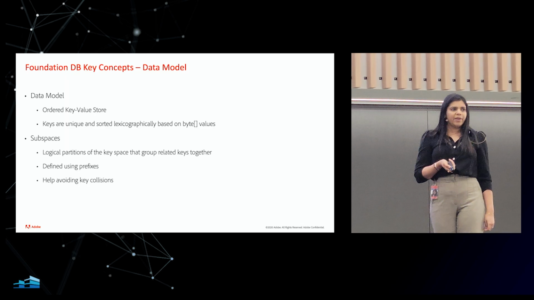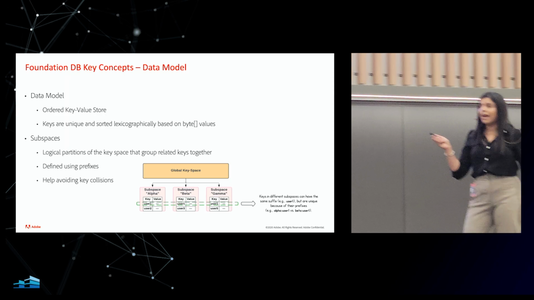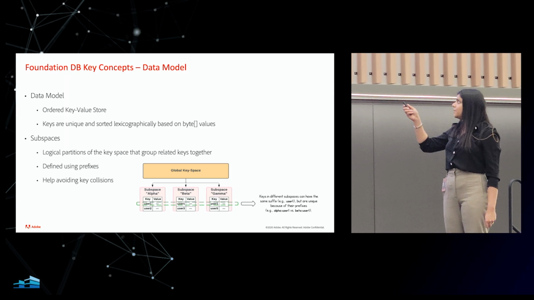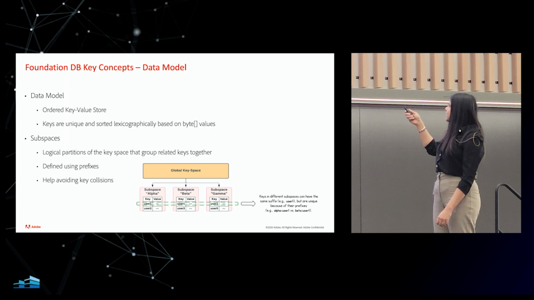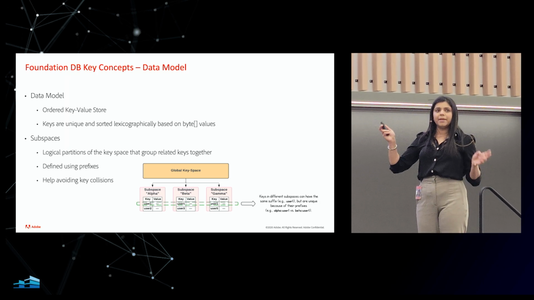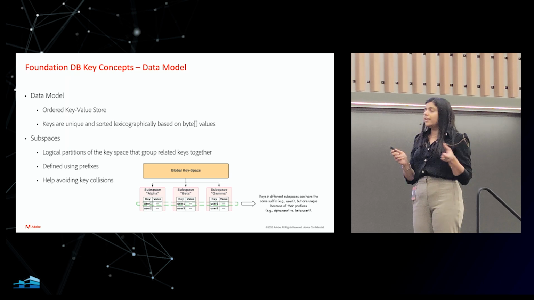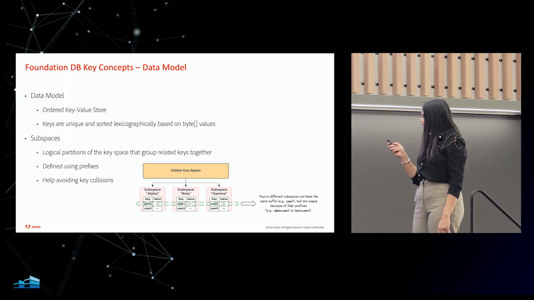This also helps avoid key collisions. For example, here we have a global key space, and within this key space, we have alpha, beta, and gamma subspaces. Here, the key is user1, which can coexist in each of them. Even though it's the same key, because we identify it with a prefix, it helps avoid key collisions.